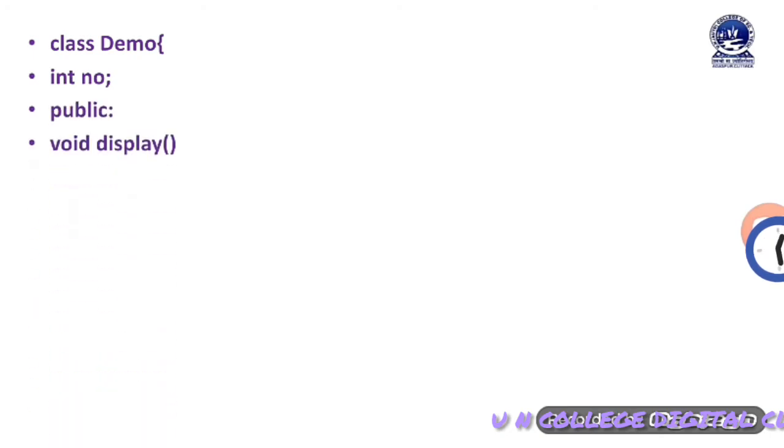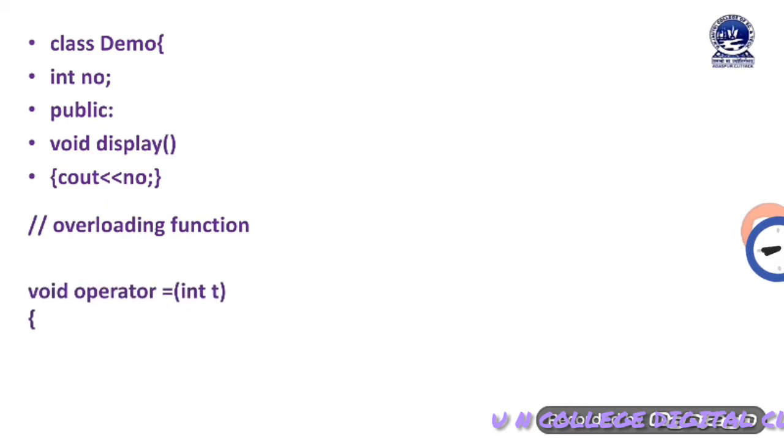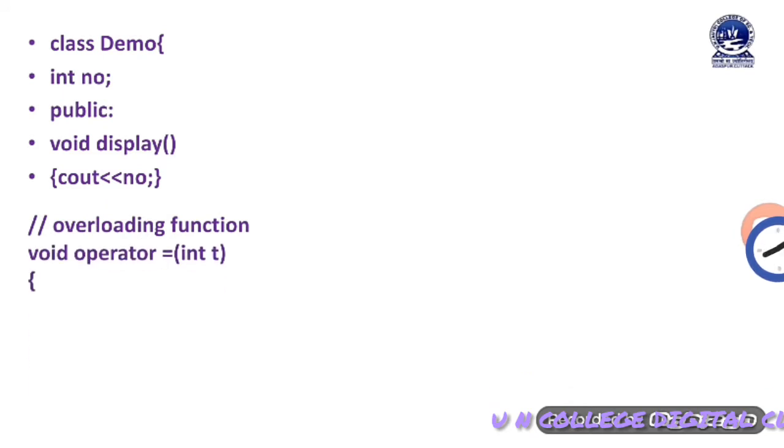Now I am going to explain the conversion from basic type to class type by using an operator function. Class demo. Inside class demo I have used one integer variable, that is no. Then in the public part I have used a void display method. Inside the display method I have used cout no. Then I am going to use an operator function for type conversion.